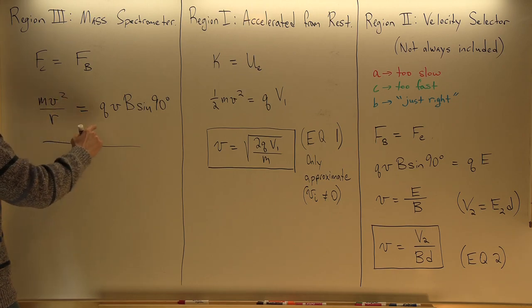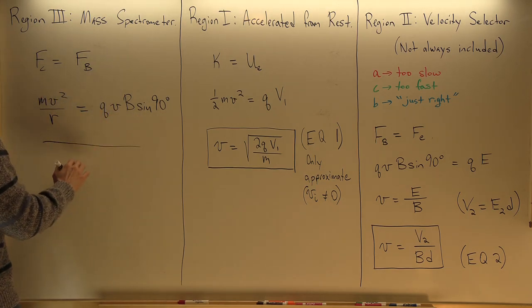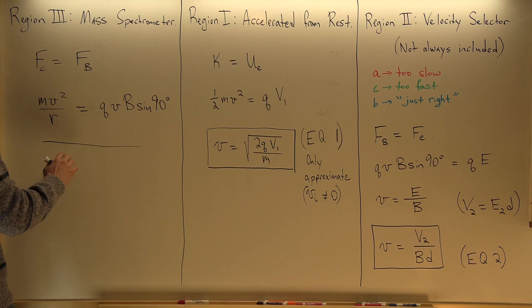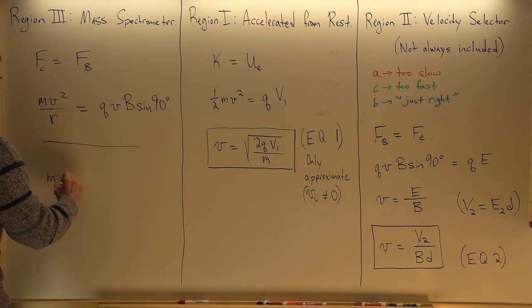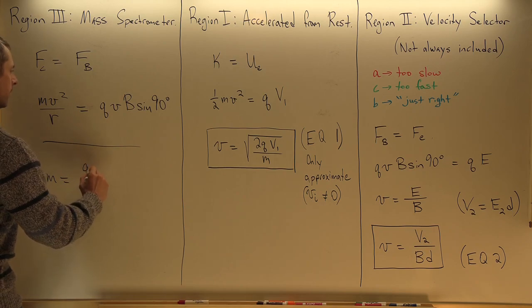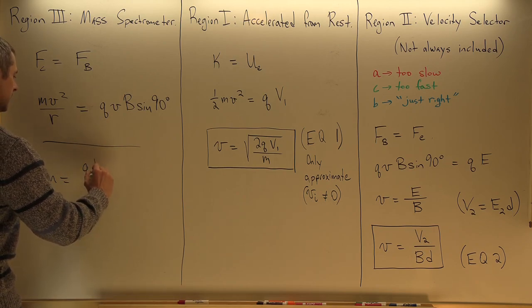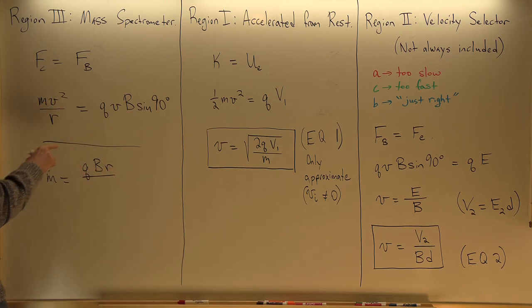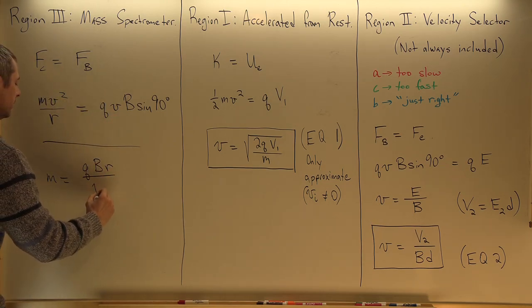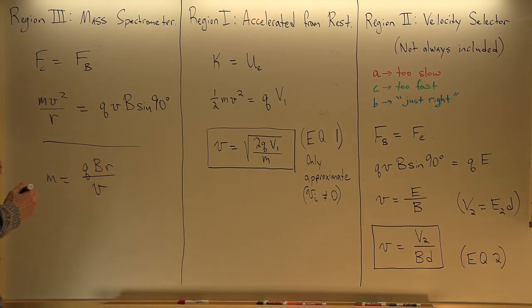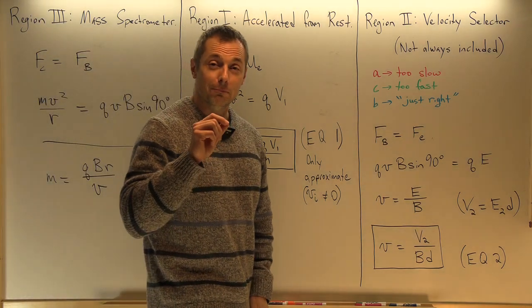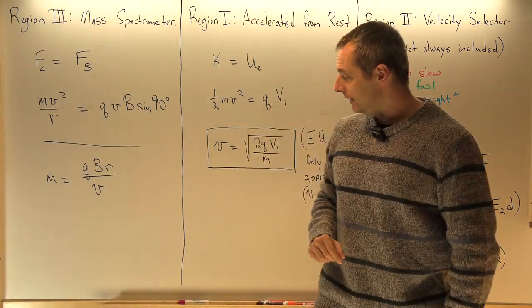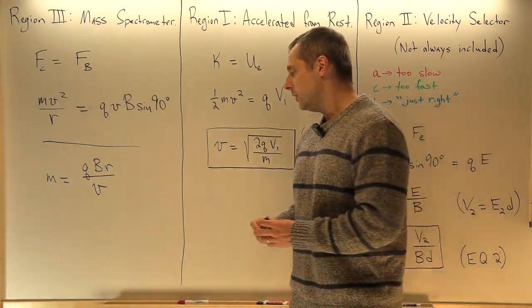I see one of these velocities goes away, so all I have is QB over here, and then I multiply by r: QBr, and divide by the one velocity over here. And now I've solved for the mass of the single ion in kilograms.